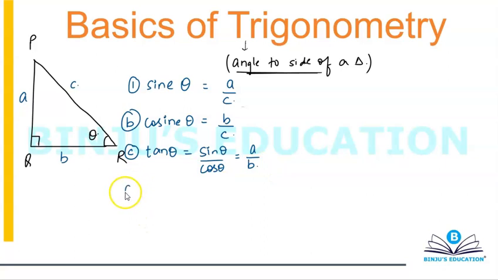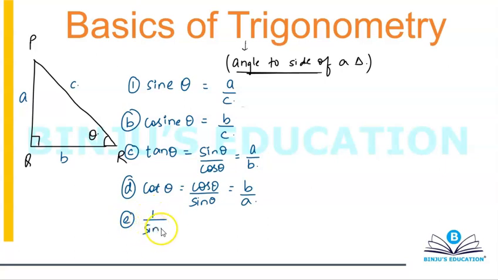Then the next one, you can also do the inverse of tan, that's basically known as cot, which is basically cos theta by sine theta, and that's like B by A. Then you can do inverse of sine, so this is 1 by sine theta.